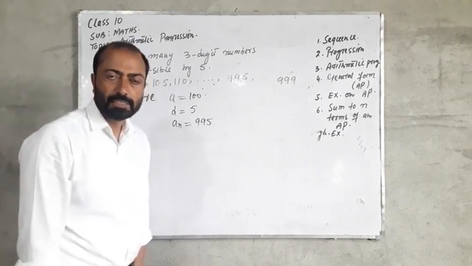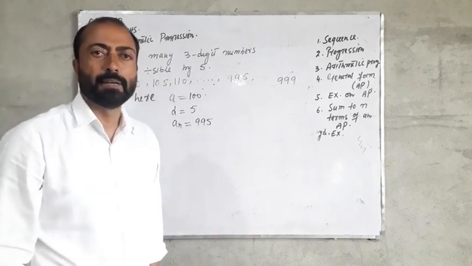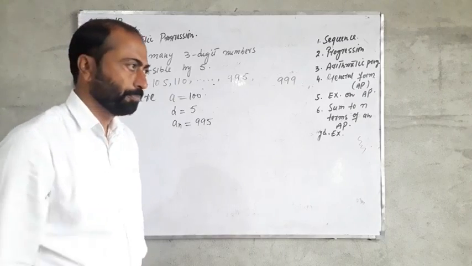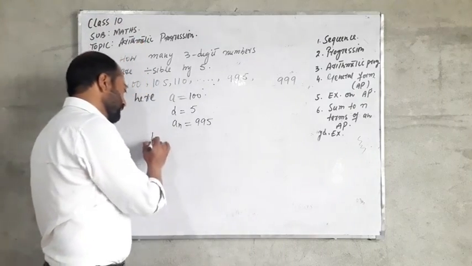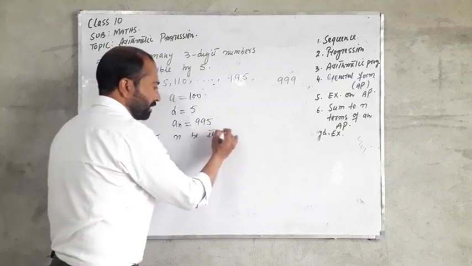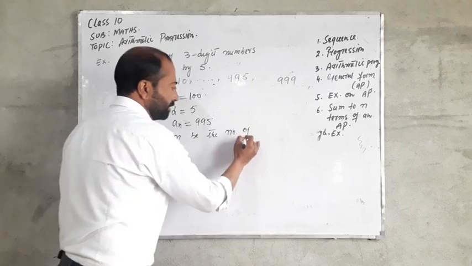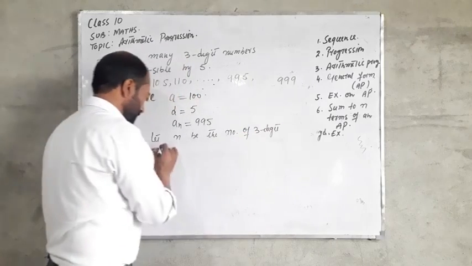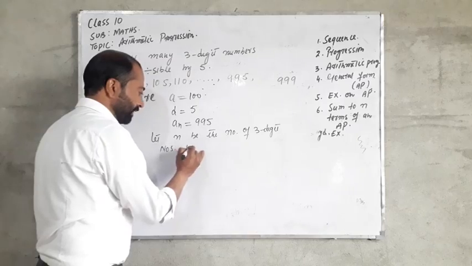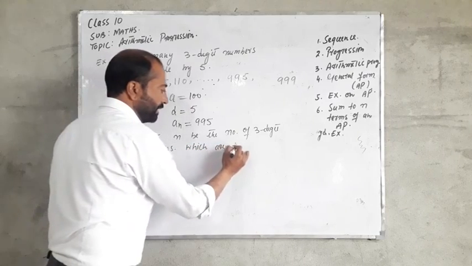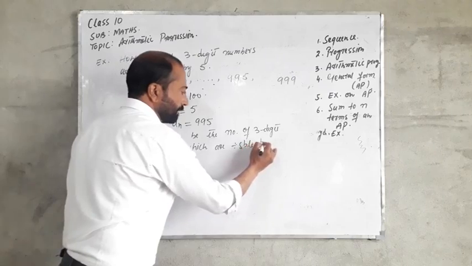Our question is, we have to determine the number of 3-digit numbers which are divisible by 5. Let me write here, let us say that n be the number of 3-digit numbers which are divisible by 5.